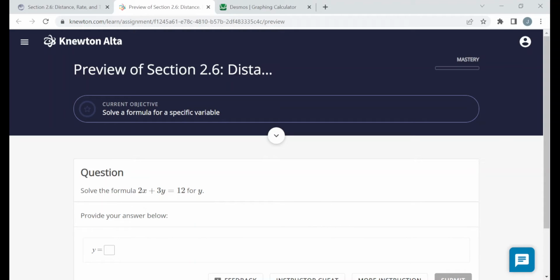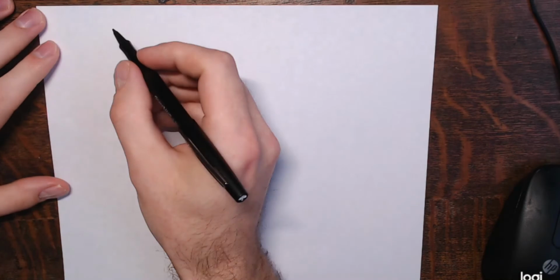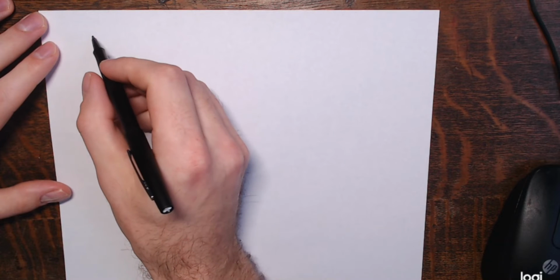So I'll write this out, and you're going to be following the same steps as you followed to solve linear equations throughout chapter 2. But you're solving for a specific variable.